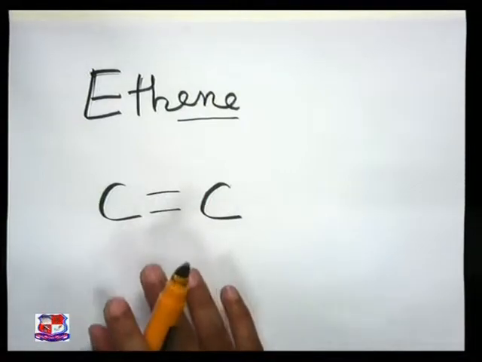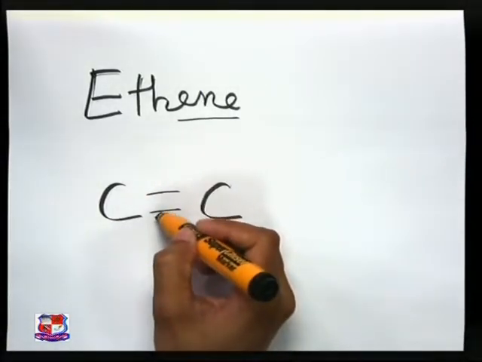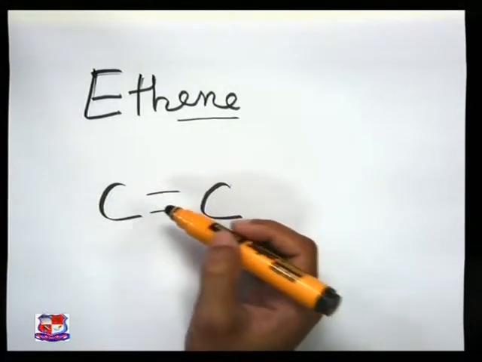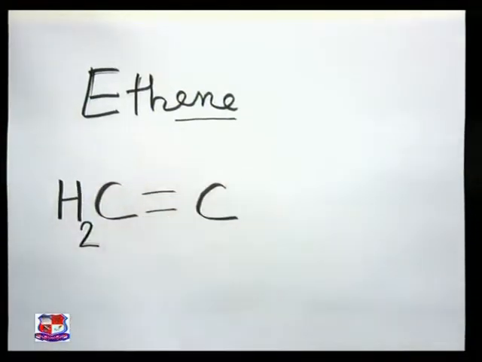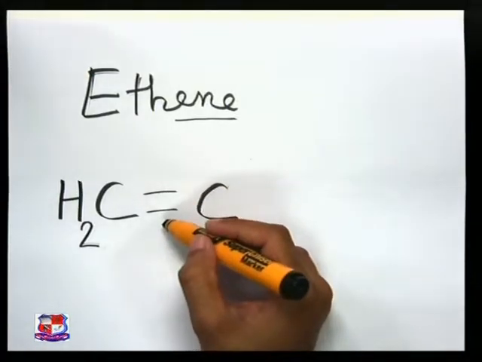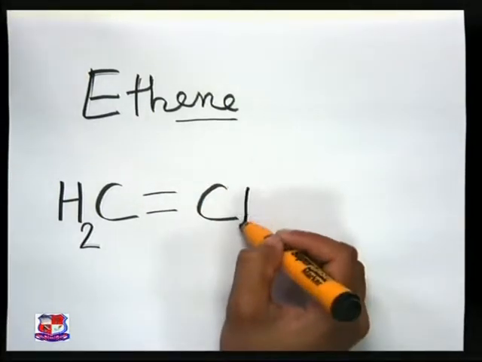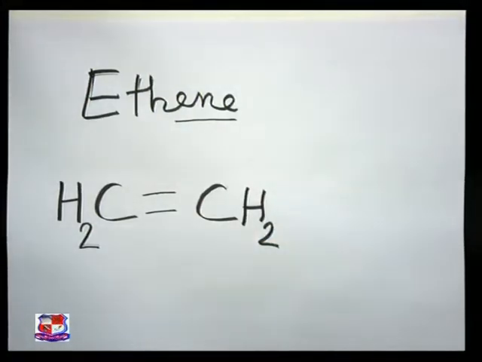This carbon has 1, 2 valency satisfied. How much is remaining? 2 remaining, so we put 2 hydrogens here. Similarly, for the other carbon, 2 valency is satisfied, so again we put 2 hydrogens. So this is your ethene molecule.